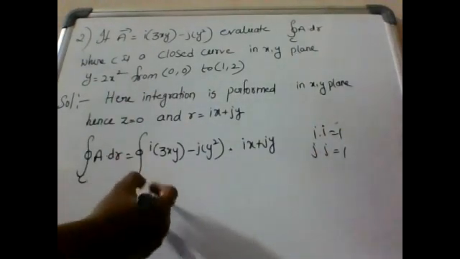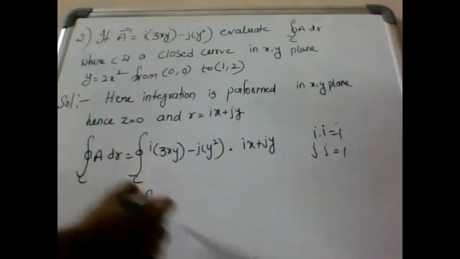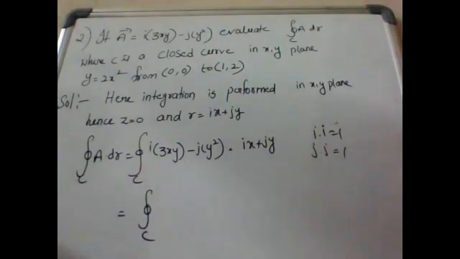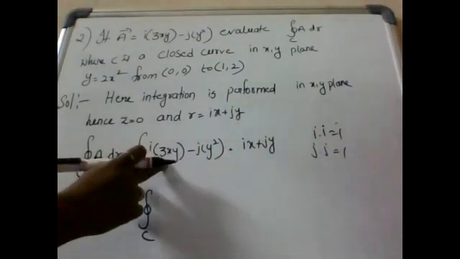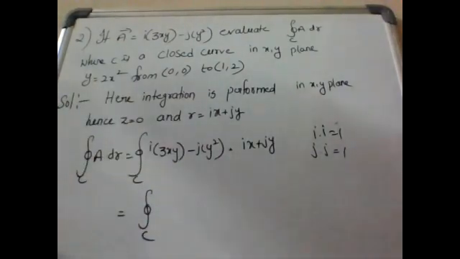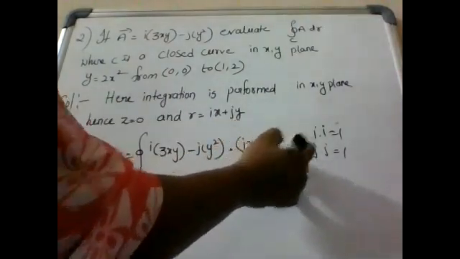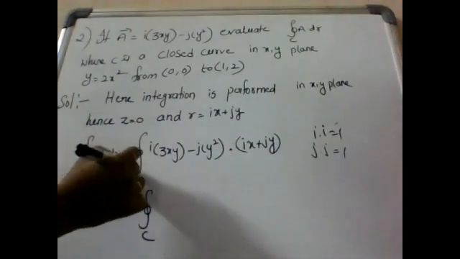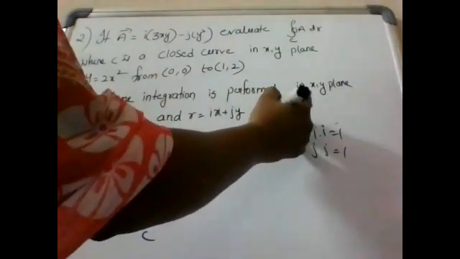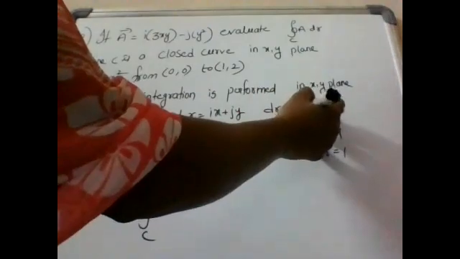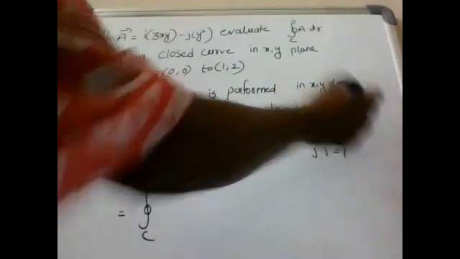So in this integration, 3xy into x, we get, before that this is only r bar. Here we have dr bar, that means dr bar equal to I into dx plus j into dy.